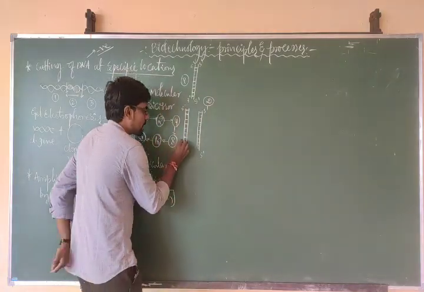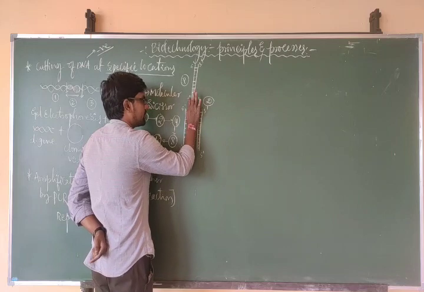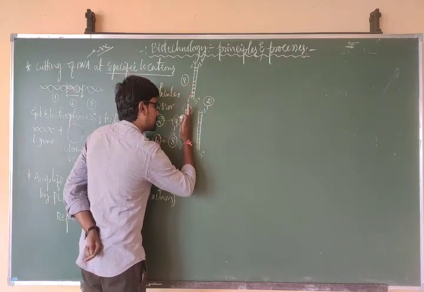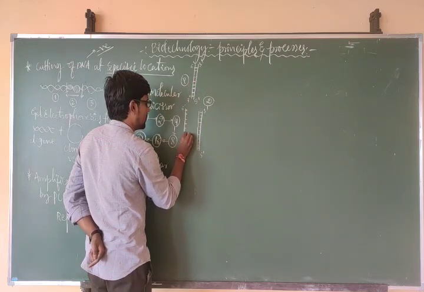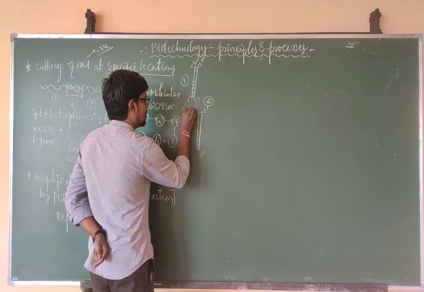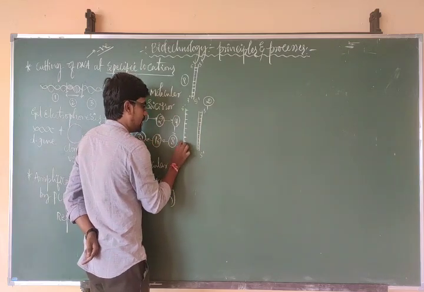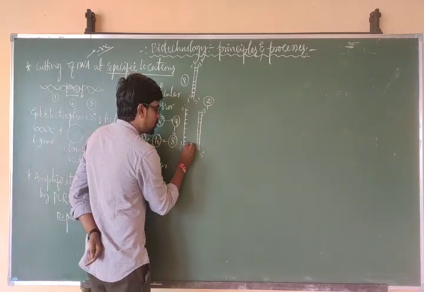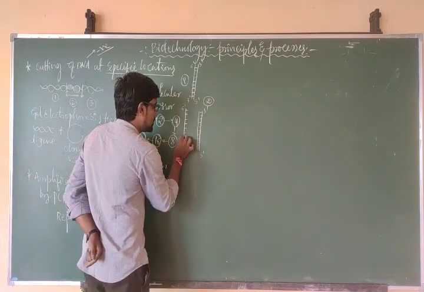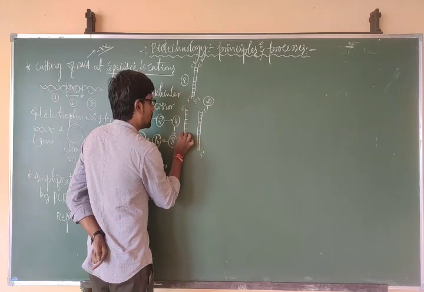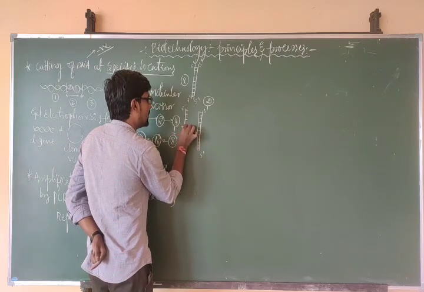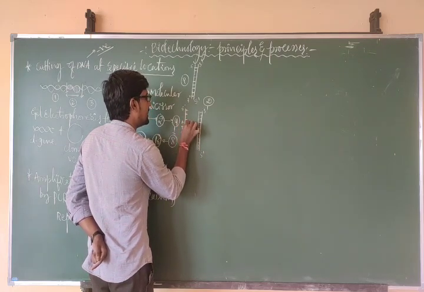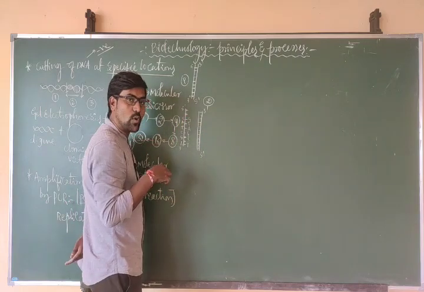Say for example, imagine A is present on the old strand of DNA. It should be joined with T. G is present, so C: cytosine, guanine, thymine, adenine, thymine, cytosine, guanine.